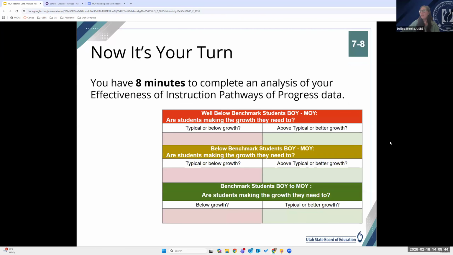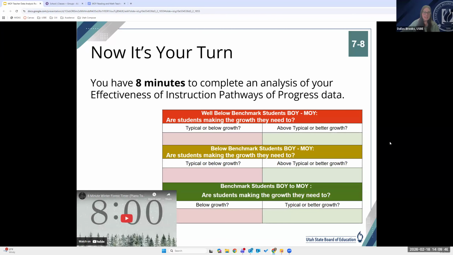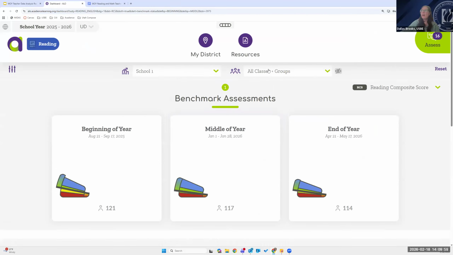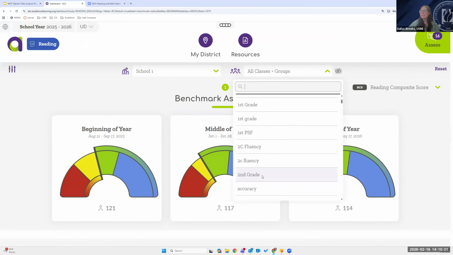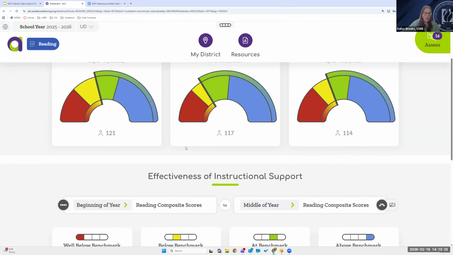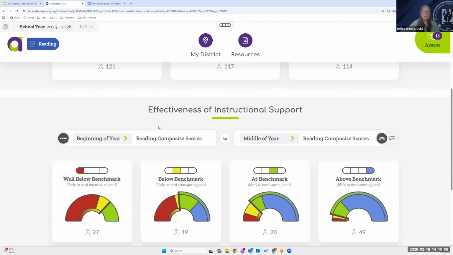Okay. I'm going to do that same thing for my students who are at and above benchmark. Just going to show you here on ALO again, so you can click on that A. If you need to filter down to a specific class, then you can use those filter buttons. You may not have that option if you only have 1 class listed in ALO.